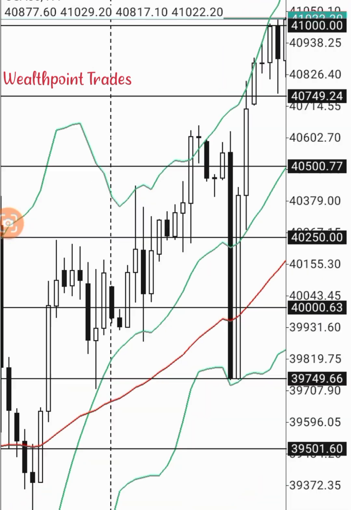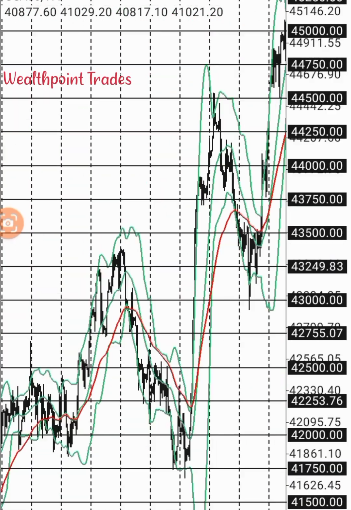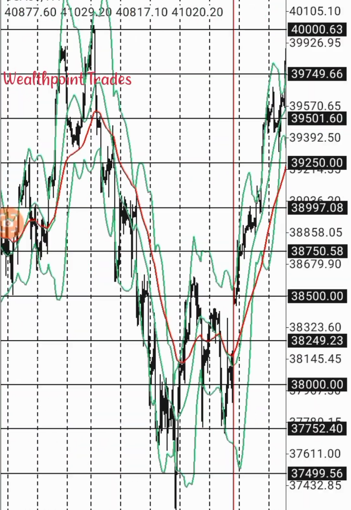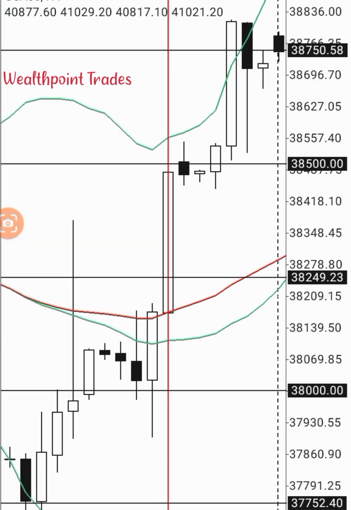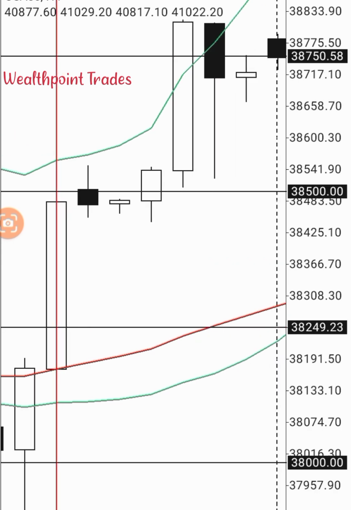So let's look at the 4 hour. What's the reaction of the 4 hour at that point? The candle just after the red line, you will see that it was a bearish 4 hour, which closed across.